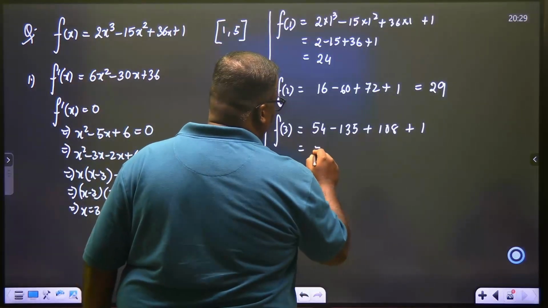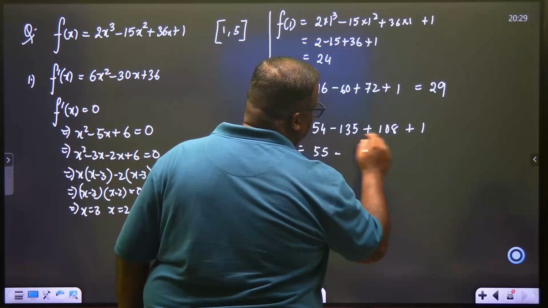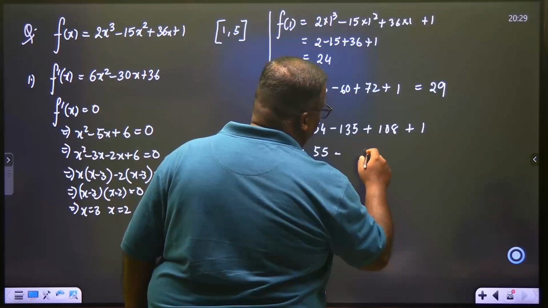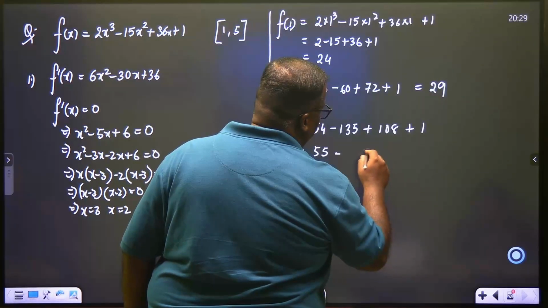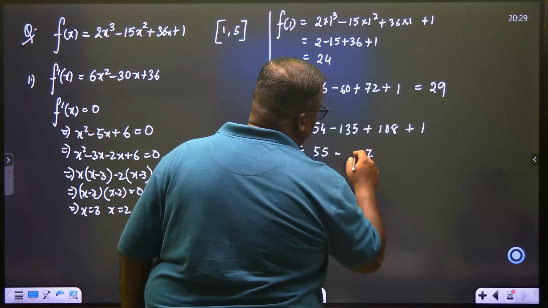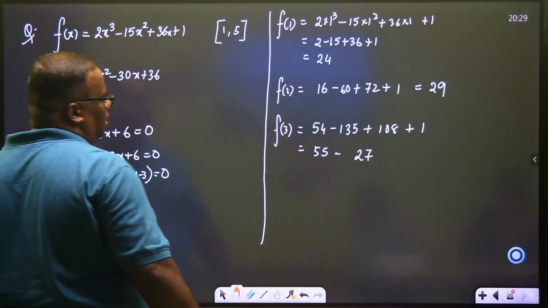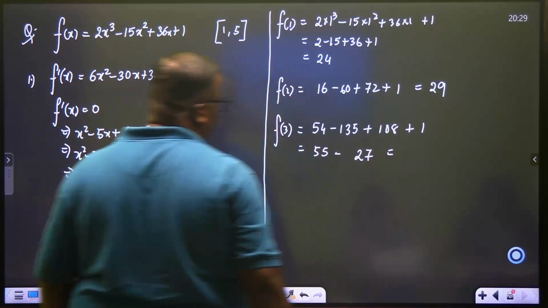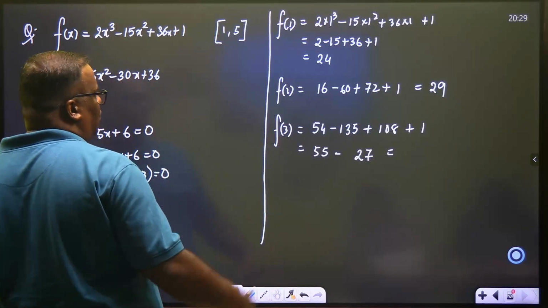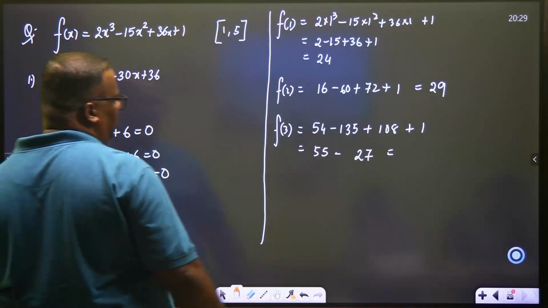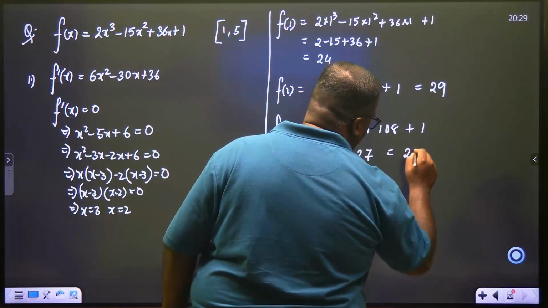So this is 55 and 27, and 55 and 27 gives you how much? 28.